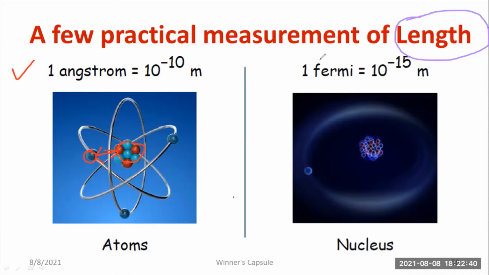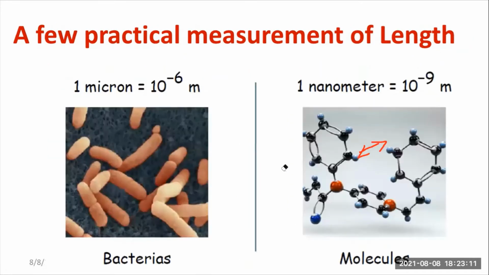And also, another unit is the Fermi, regarding the nucleus. What might be the diameter of the nucleus? Likewise, what might be the thickness of the electron? Fermi is one of the popular units. Here, 1 Fermi is equal to 10 to the power minus 15 meter. Remember how to convert these units into SI units. 1 Fermi is equal to 10 to the power minus 15 meter.